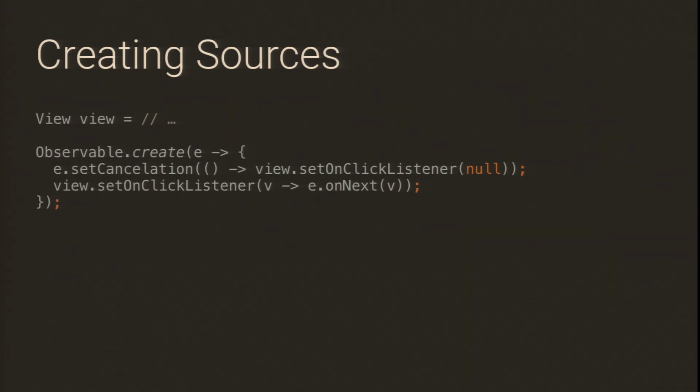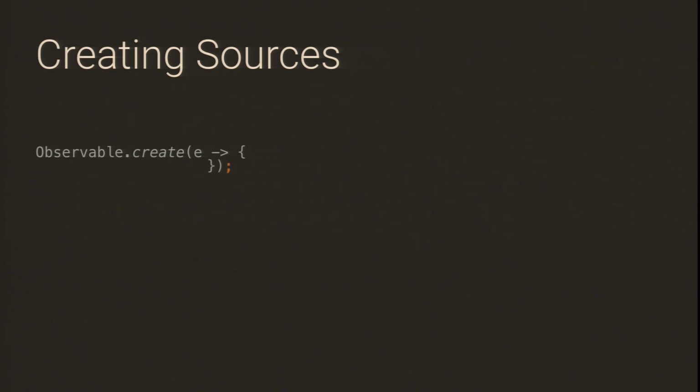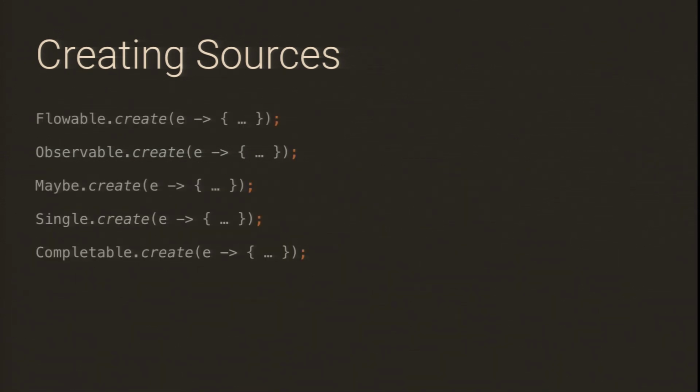You have to use the list item selection listener. You have to use all these different ones. Instead, you can normalize them so they all appear as the same fundamental type. And so code that you write against that type can be reused for lists, buttons, etc. And in this case, we're unregistering that listener automatically when you stop listening to the source. This create function is available on all 5 types.